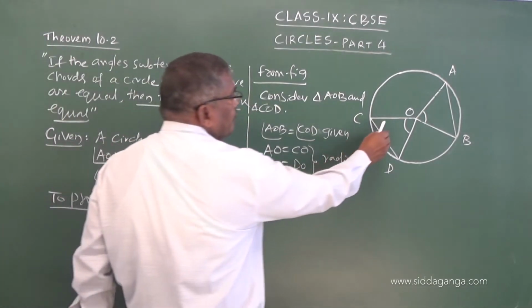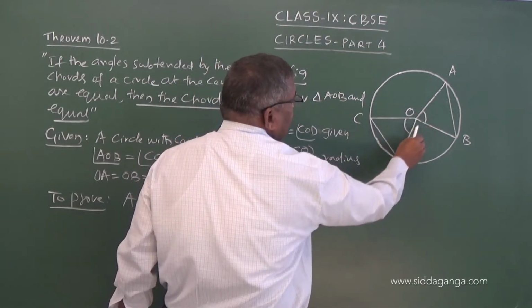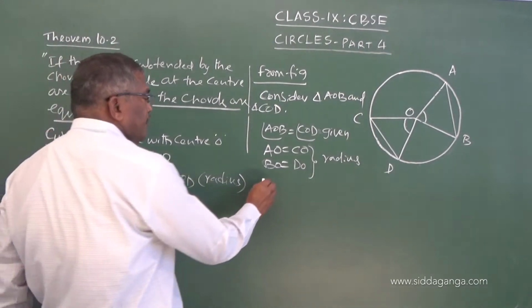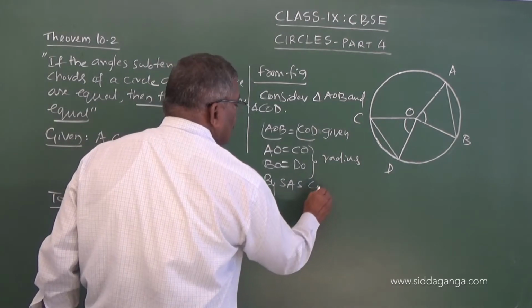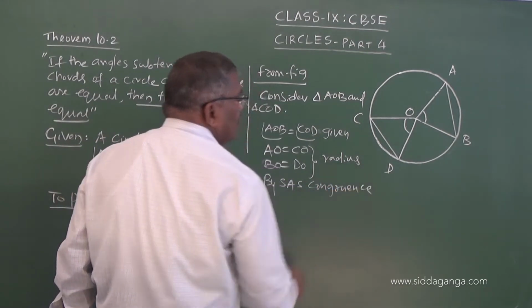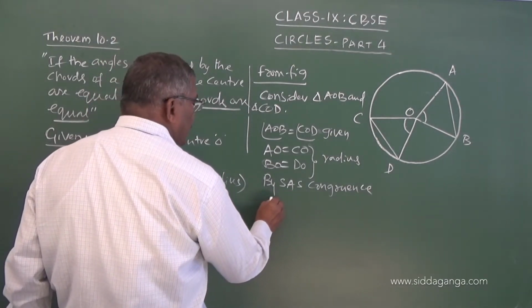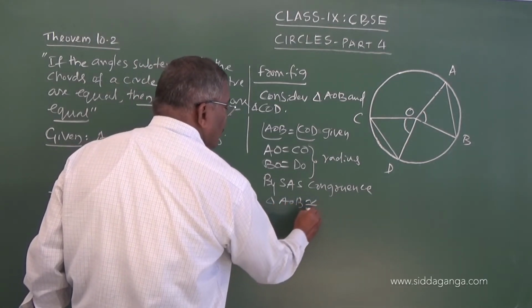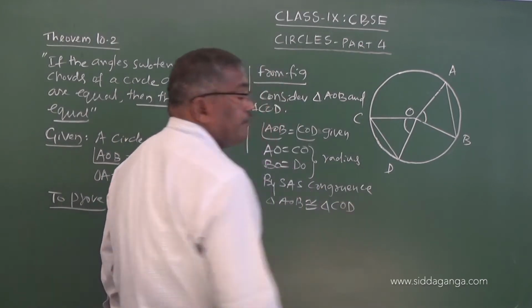So you can see side, angle, side. Therefore we can say they are congruent by SAS congruence. Triangle AOB is congruent to triangle COD.